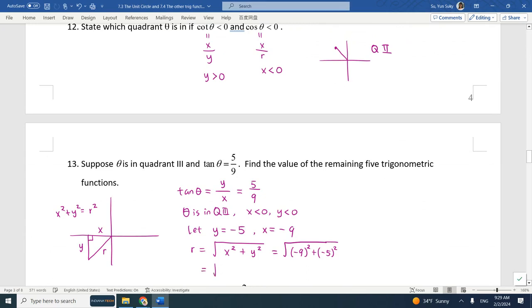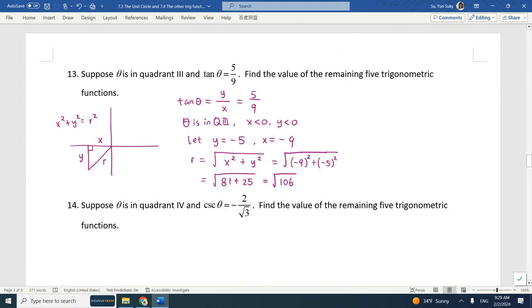Okay, what is 9 squared? 81. What is 5 squared? 25. What is 81 plus 25? 106. Is that okay, everybody? R is the square root of 106. Now we can find the 6 trig functions. What is sine in terms of x, y, r?